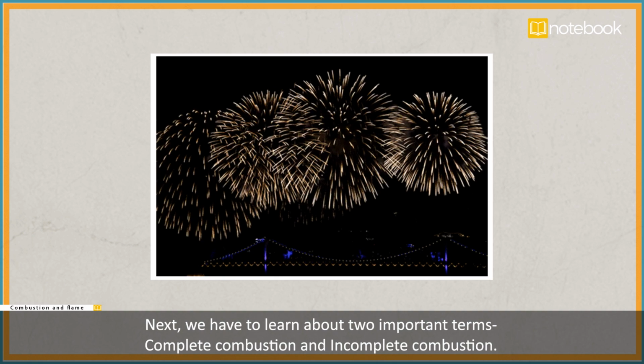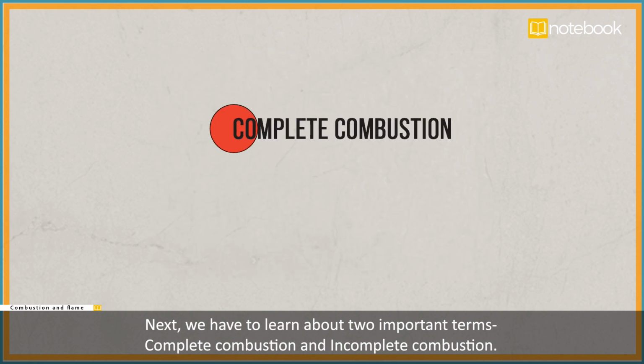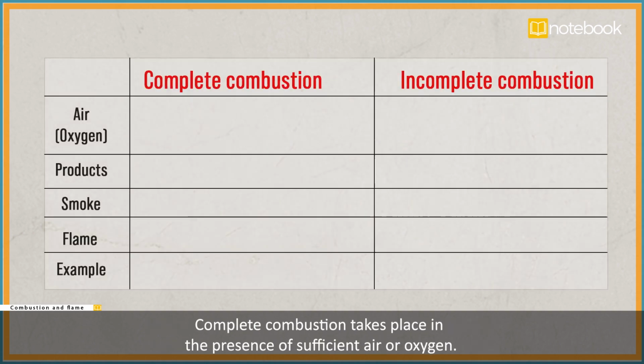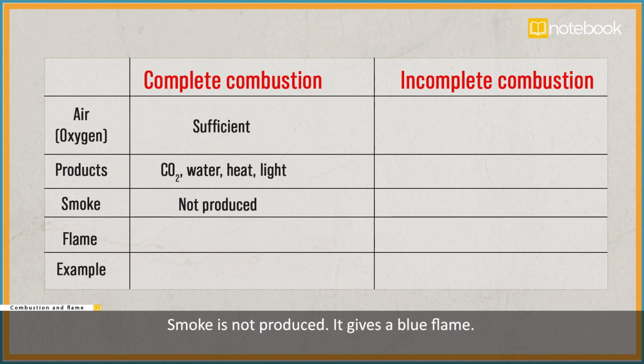Next, we have to learn about two important terms: complete combustion and incomplete combustion. Complete combustion takes place in the presence of sufficient air or oxygen. This results in the formation of carbon dioxide, water, heat and light. Smoke is not produced. It gives a blue flame. For example, a gas stove.